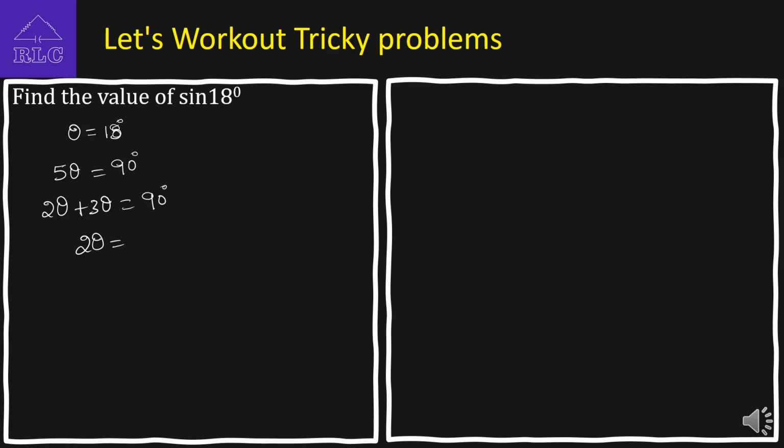This implies 2 theta can be expressed as 90 degrees minus 3 theta. If you apply sine on both sides, you will get sine 2 theta is equal to sine of 90 degrees minus 3 theta.